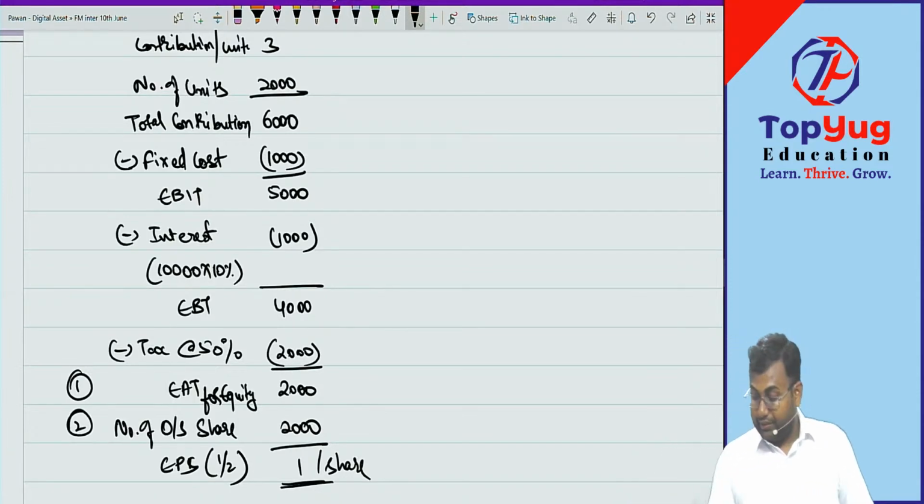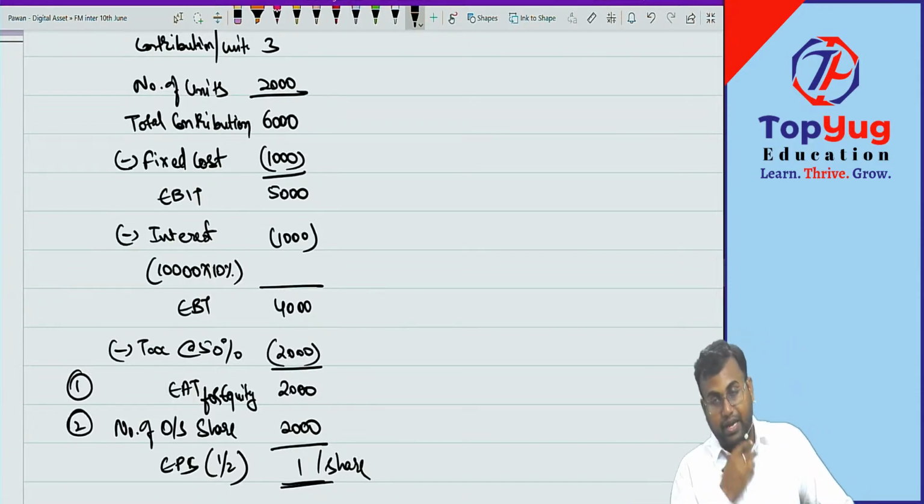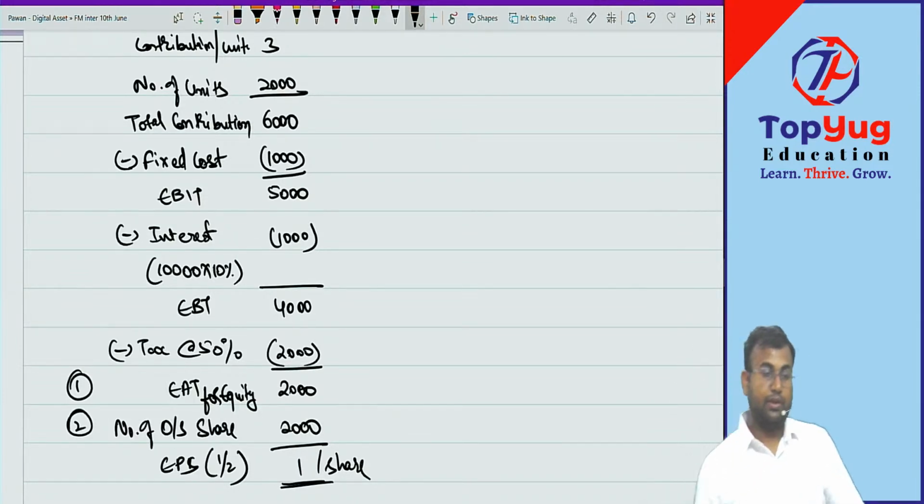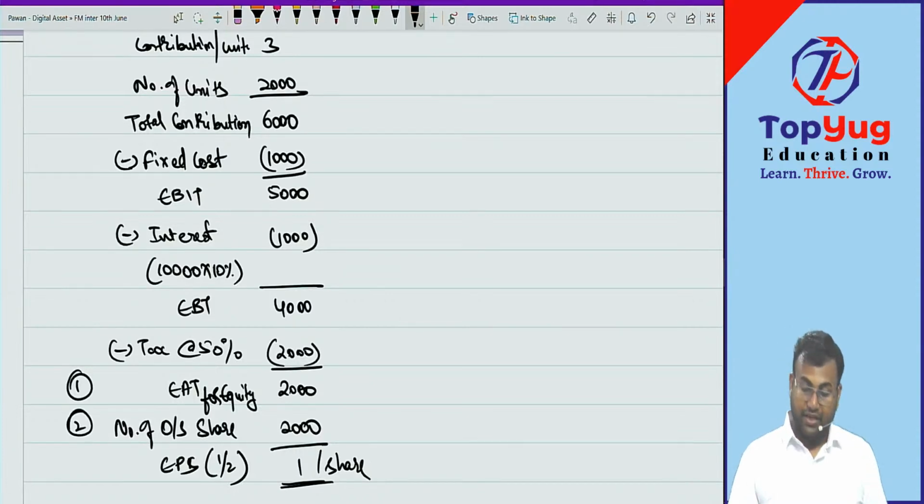Now the question is, you are required to calculate. I'm again repeating, we'll give you time to write, please understand. You are required to calculate impact on what? EPS because of increase of sales by 20%, right? So for degree of combined leverage you have one more formula which says DCL. Let us first calculate DCL like a normal one.